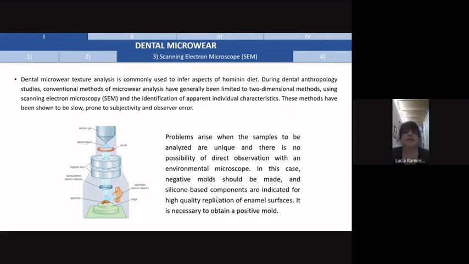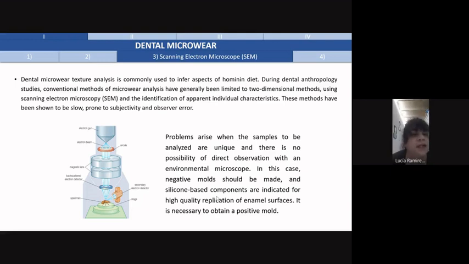Next slide. Here we can see the scanning electron microscope. This machine can do one of the most important analyses, which is the dental microwear texture, and is commonly used to infer the aspects of hominin diet.